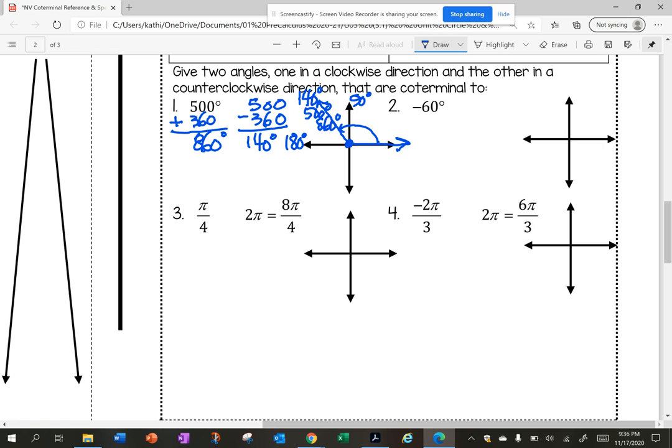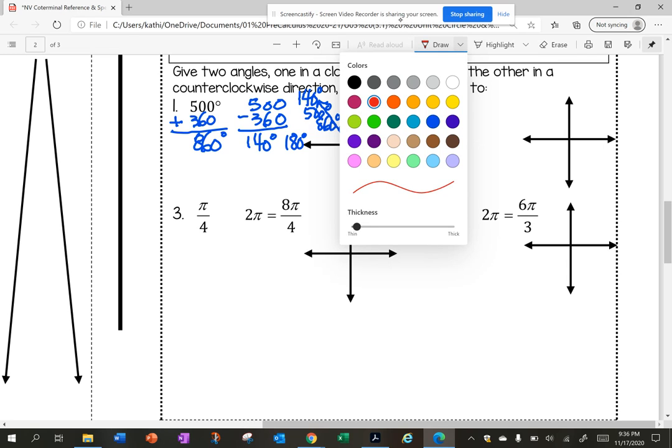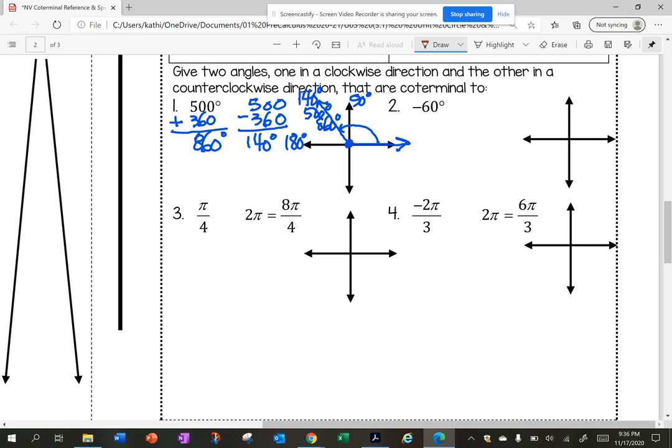All right, let's do the same thing with negative 60 degrees. I want to add and subtract 360. So I'm going to start with 360 plus negative 60.